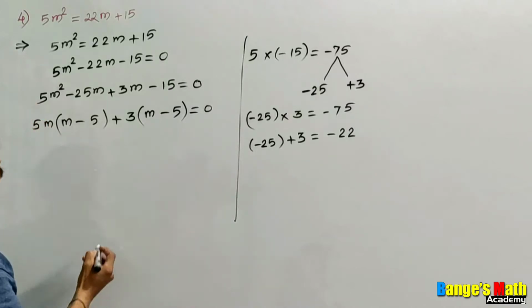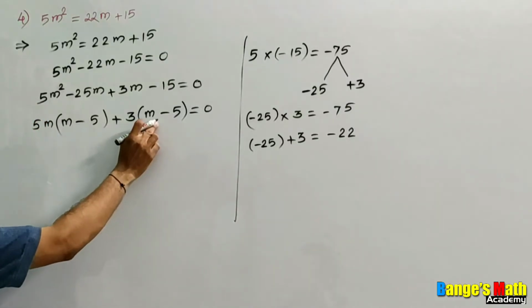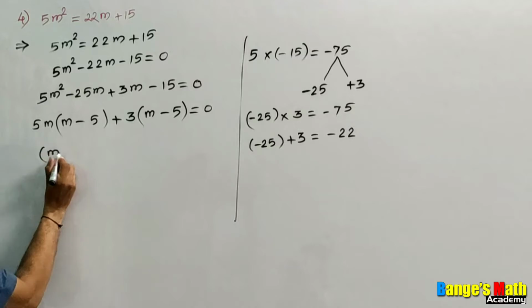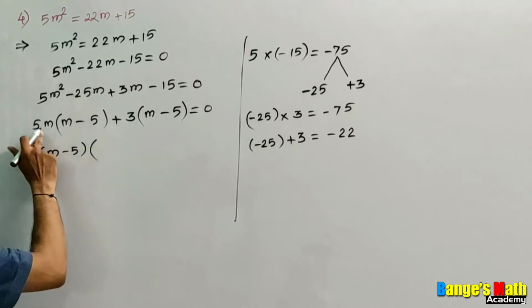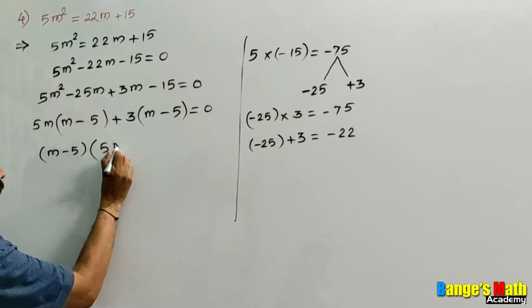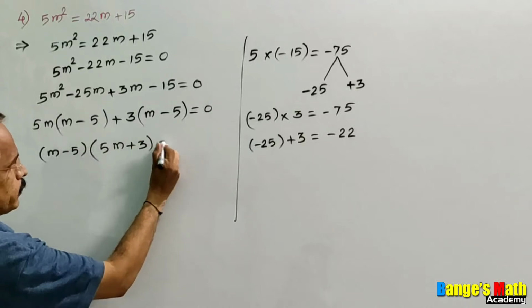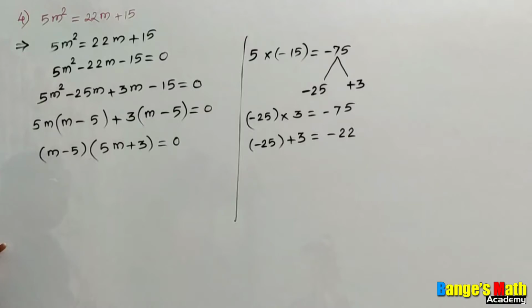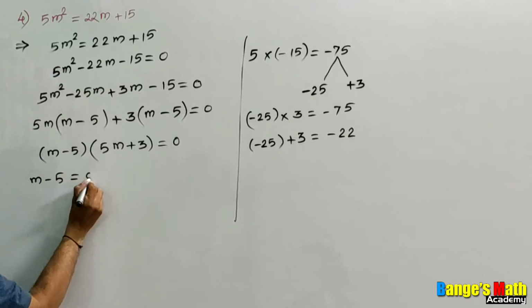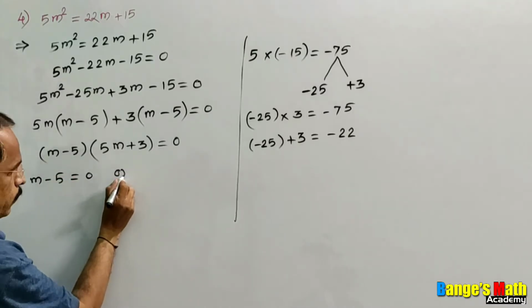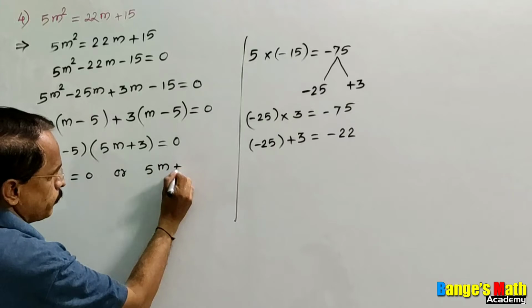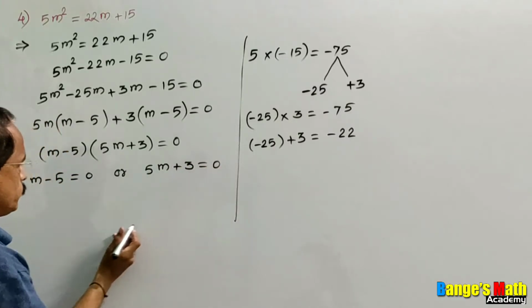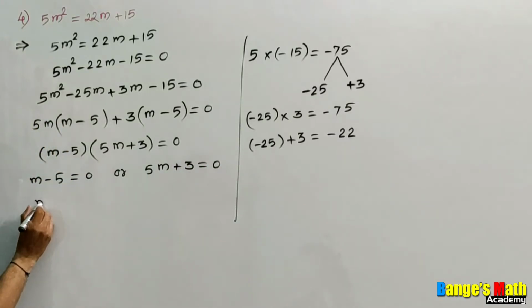Then write down one bracket for this, m minus 5 into the other bracket 5m plus 3 is equal to 0. The product of two brackets is 0, so at least one bracket is 0, so equate each bracket to 0. M minus 5 is equal to 0 or 5m plus 3 is equal to 0. Then transfer minus 5 to RHS.